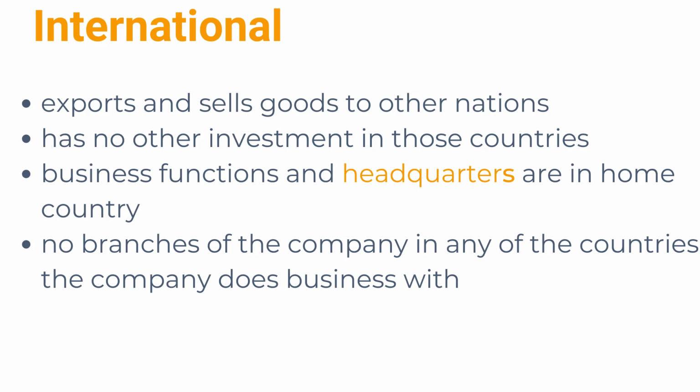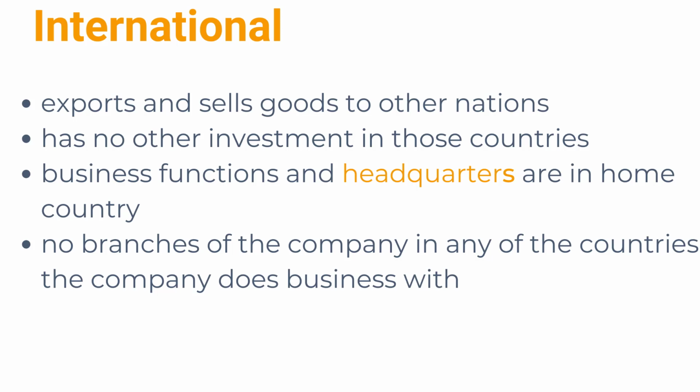The headquarters and all the business functions are centered in the home country. I've highlighted the word here, headquarters. Please notice that the word has an S on the end. It's headquarters. And there are no branches of the company in any of the countries that the company does business with. This is an international company.